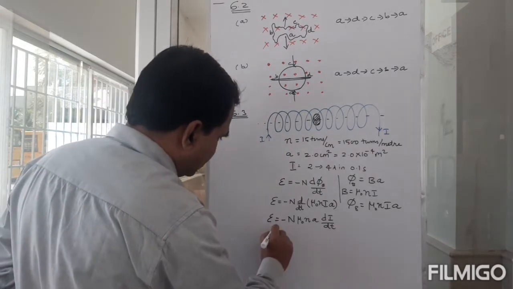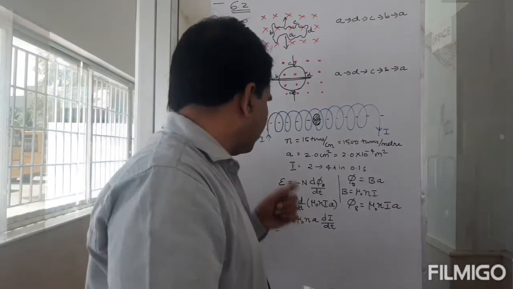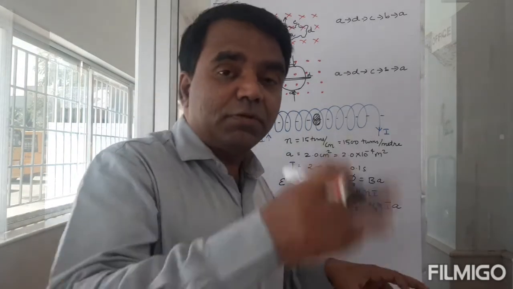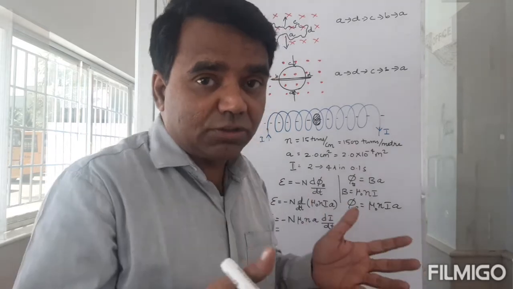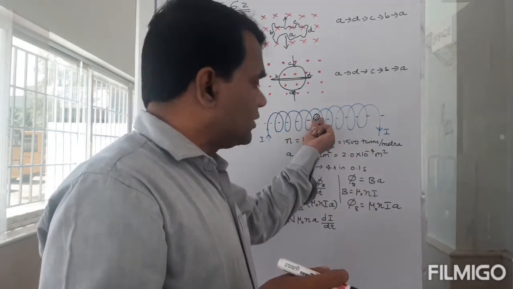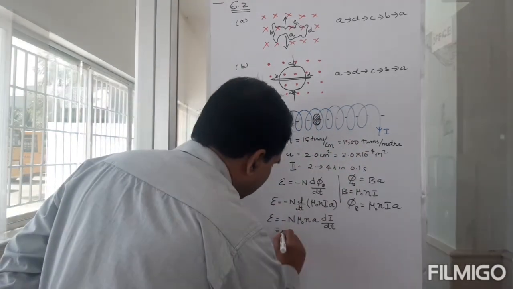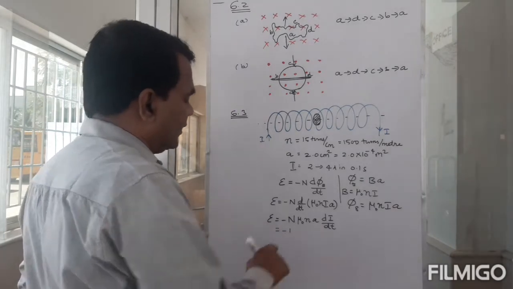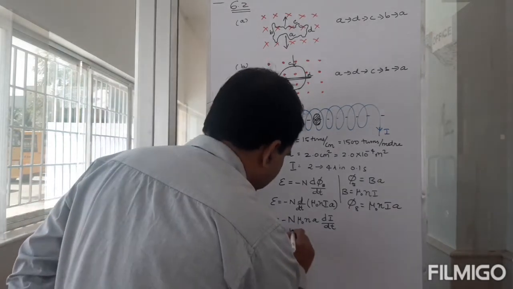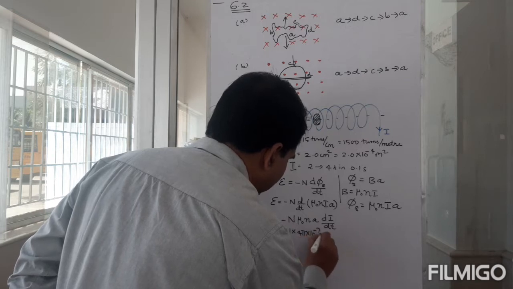Okay. Now I need to put in the numbers. What is N? The number of turns of what? The solenoid? No. It's the number of turns of this loop. How many turns? Just one. Right? So I get minus 1. And mu naught, you know, that is 4 pi into 10 power minus 7.